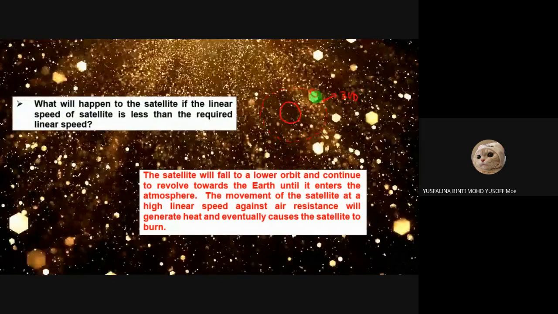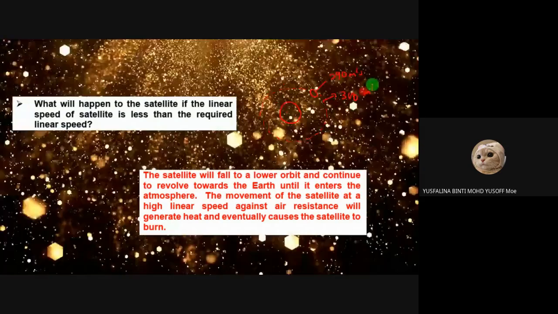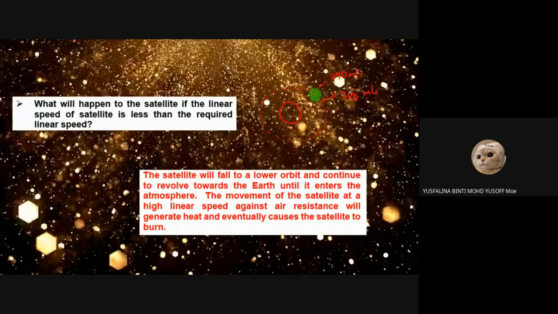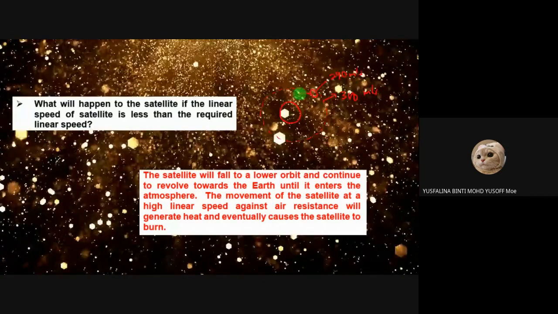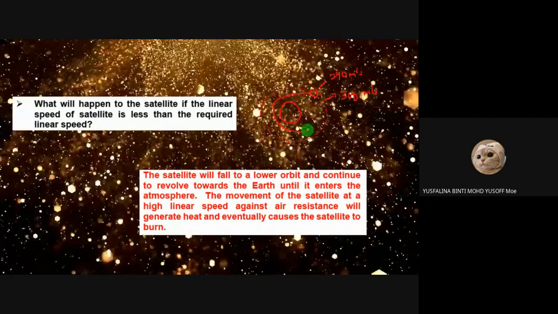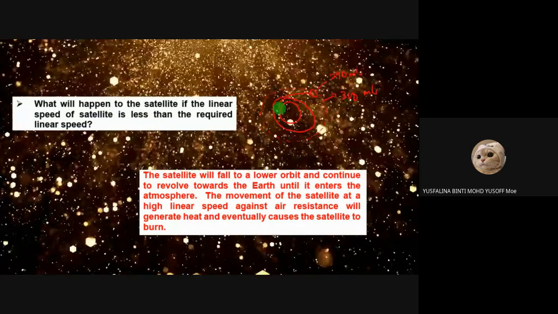But the satellite is only 290 meter per second. So it's much lower than required. So what will happen to the satellite? It will fall to another, lower orbit, and then after that it falls to another one, until it enters the atmosphere.